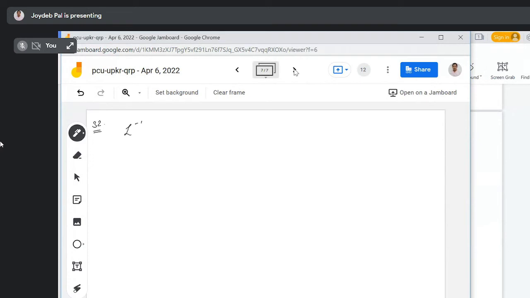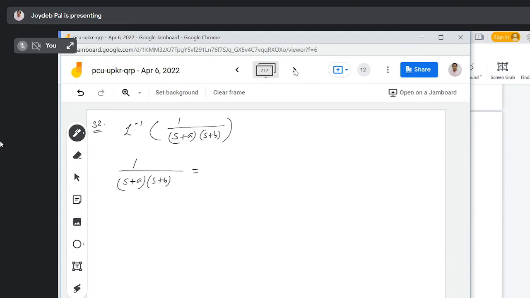L inverse of 1 by s plus a into s plus b. Now, first of all, I am writing 1 by s plus a into s plus b, and I am representing it as a partial fraction.